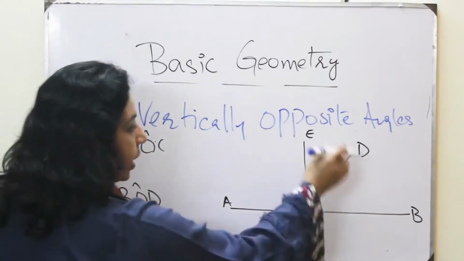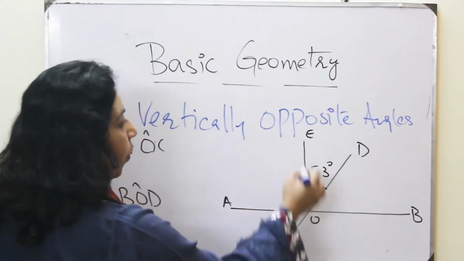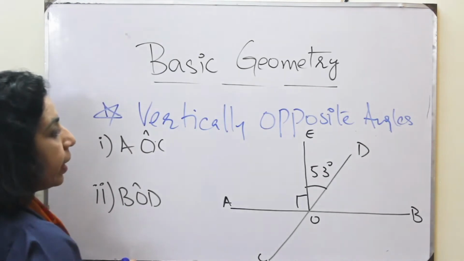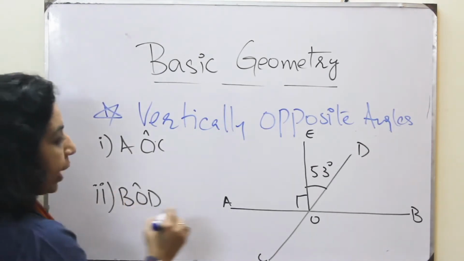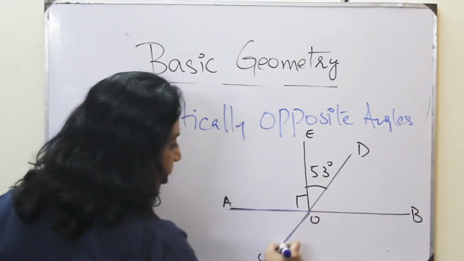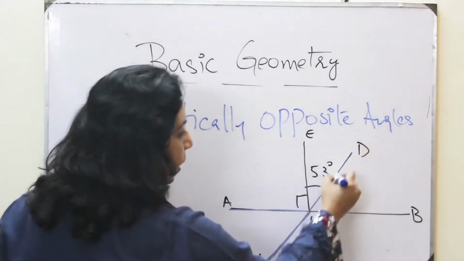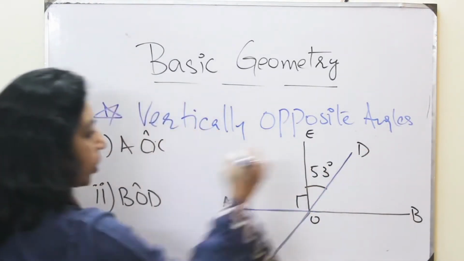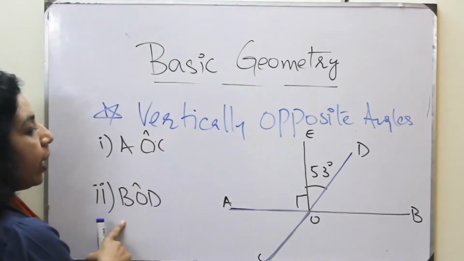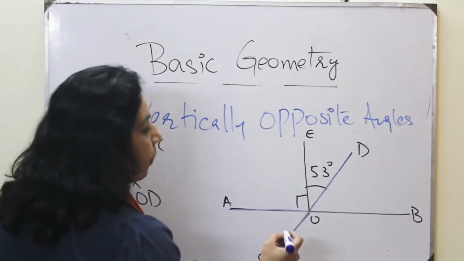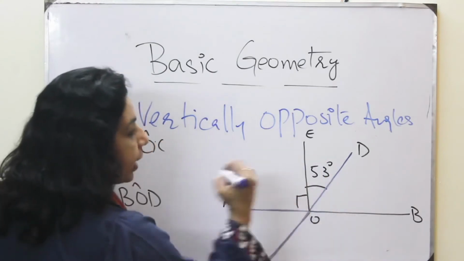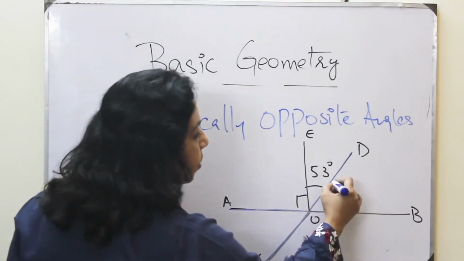COD is a straight line and the AOE angle is making 90 degree. It's a right angle. We have to find AOC. This is AOC and it is opposite to BOD. You can see that it is opposite to BOD. How will we find BOD? We can have different methods. We can take this whole adjacent, the sum of these two, 90 degree.